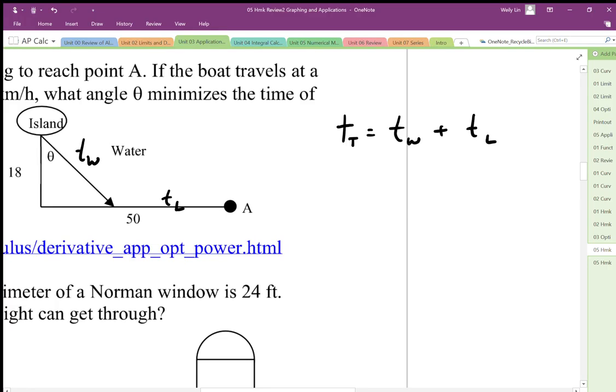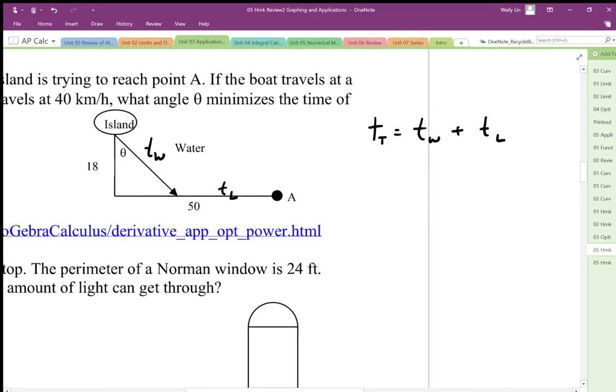So I need to come up with some expression for time on water and time on land that somehow accommodates theta. I needed some variable here. I'm going to actually do this in terms of x. So I'm going to let that be x here.